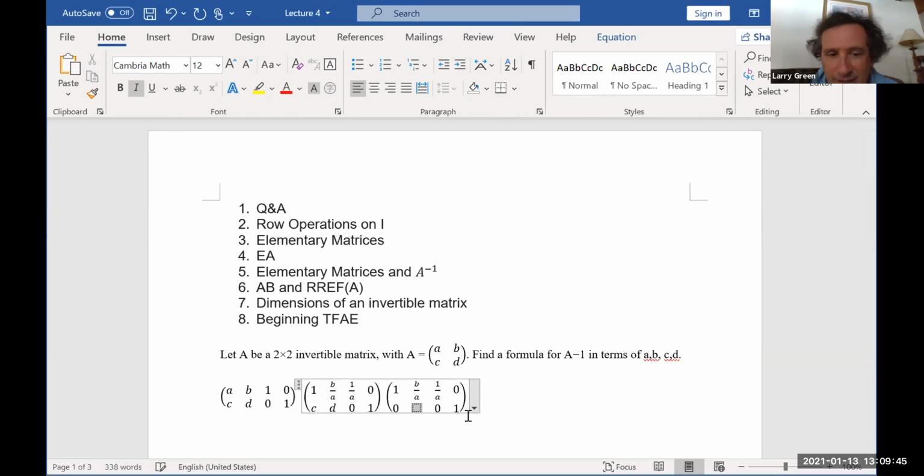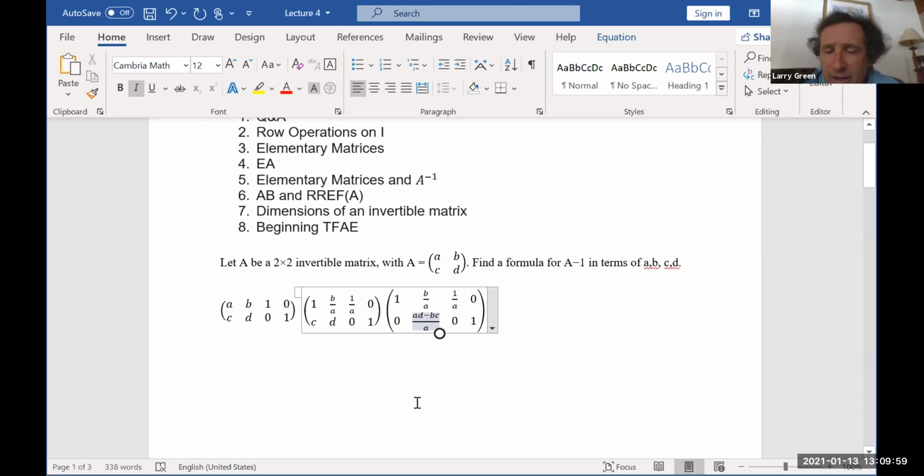So I'll write it out, and then you'll see what I'm talking about. So we're going to have AD minus BC over A. Did I lose you there, or do you follow the algebra? Is that okay?